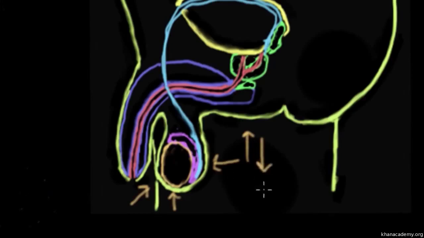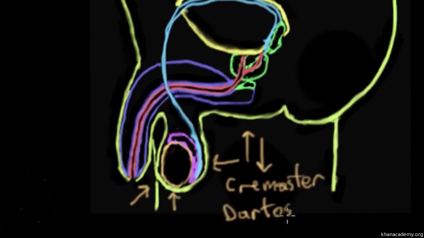It does the retracting upward and the descending via two muscles. The first one is called the cremaster muscle, and the second one is called the dartos muscle. Kind of a cool name. Those two muscles help to regulate the temperature of the testes so that sperm can be produced.